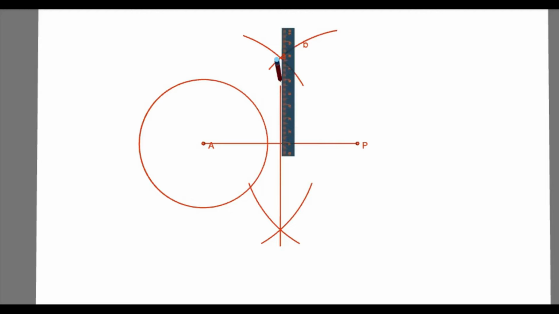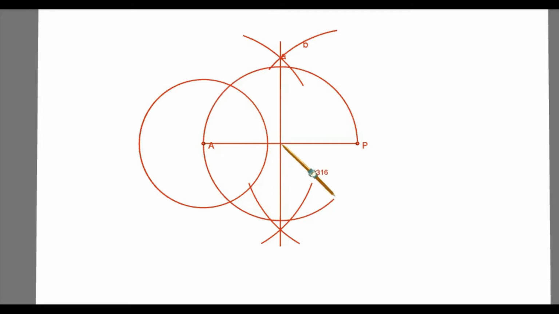Therefore there exists a circle. First you have to draw that circle with AP as diameter. This is the circle. Then this circle meets the first circle at two distinct points.